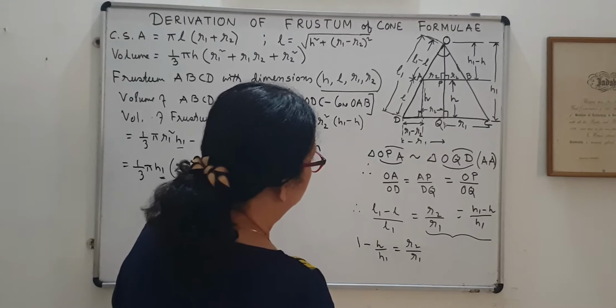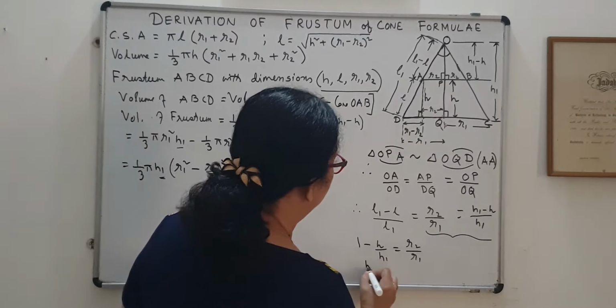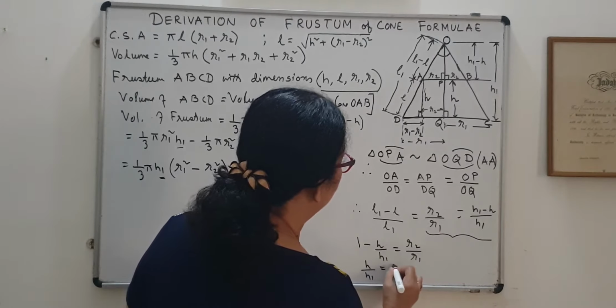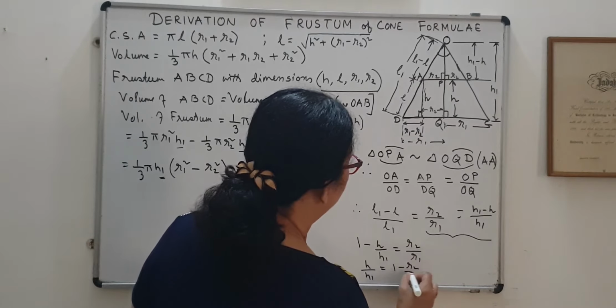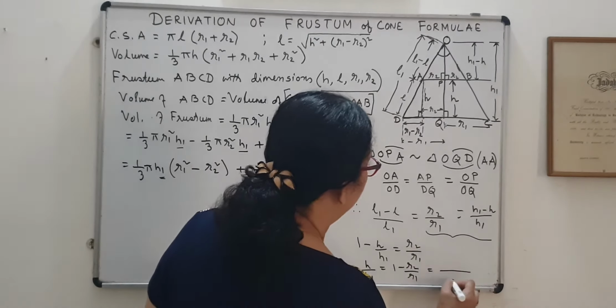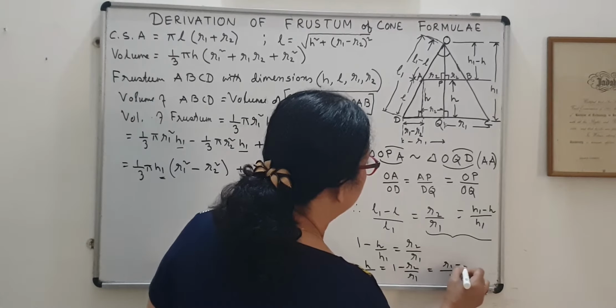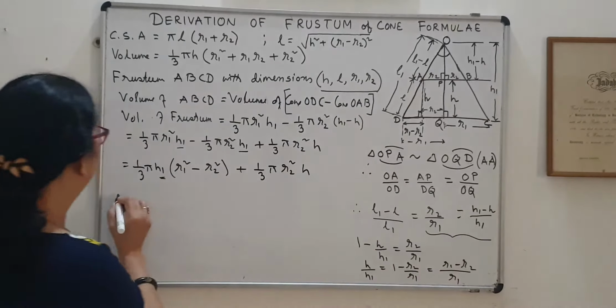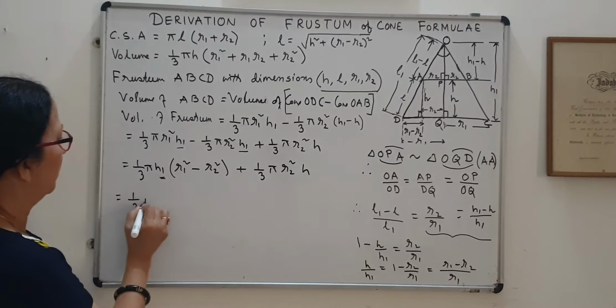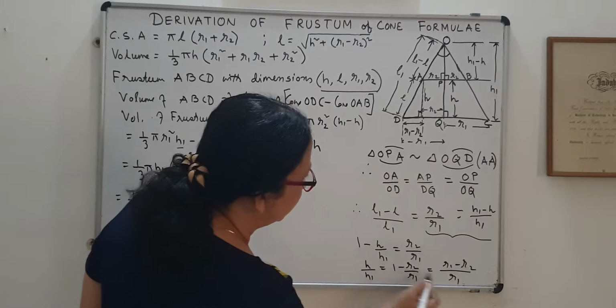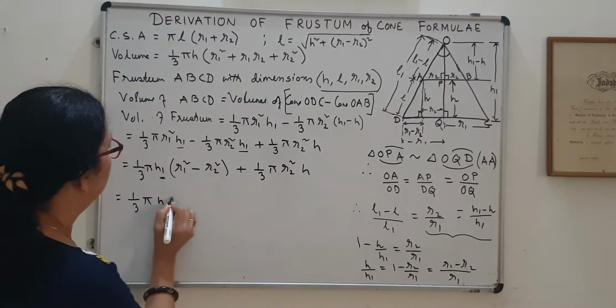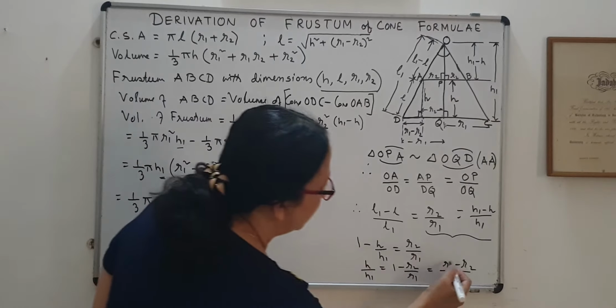Okay. H by H1 is equal to 1 minus R2 by R1, or I can write R1 minus R2. So therefore I can write, using this 1/3 pi, what will be H1? H into R1 upon R1 minus R2.